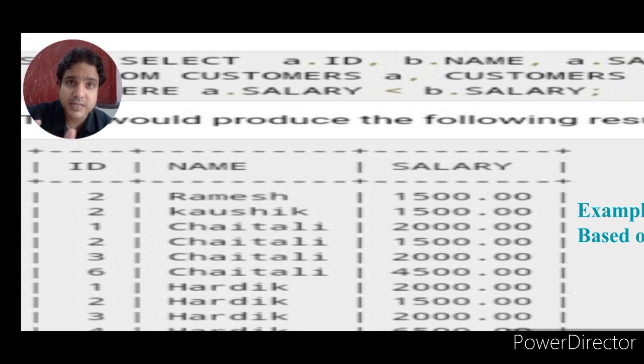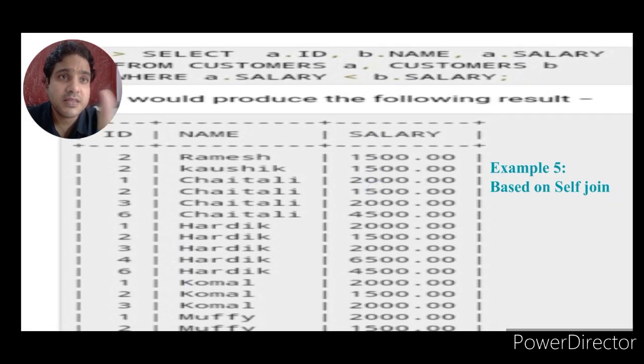It means A is the virtual, temporary name of the customer table, comma b.name, which means this is another temporary table with the temporary name B. This is the attribute, the name of the B table. A dot salary means there are 3 selected attributes from the same table: a dot id, b dot name, a dot salary, meaning id from table A, name from table B, salary from table A. There are 2 temporary tables, named A and B.